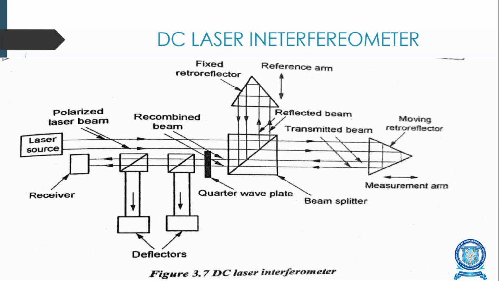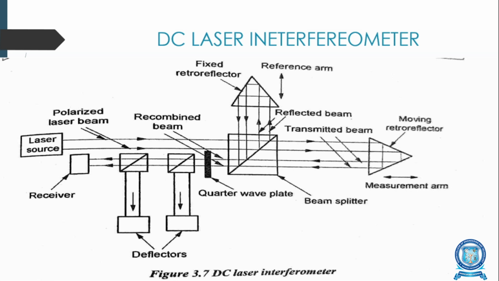The reflected beam is vertically polarized light and the transmitted beam is horizontally polarized light. These two beams are called the reference arm and the measurement arm.